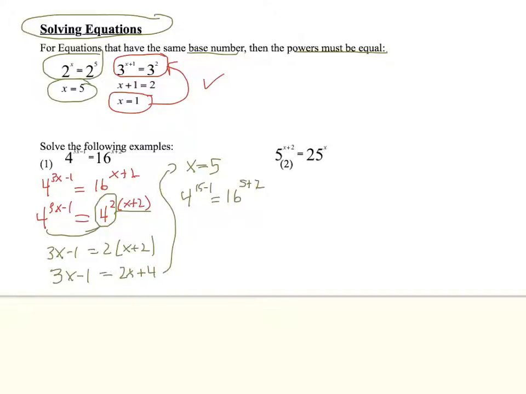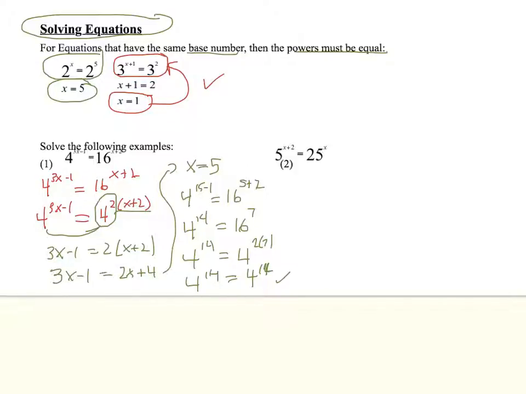So this is 4 to the 14 is equal to 16 to the 7th. 4 to the 14th is equal to 4 squared raised to the 7th, and so that's 4 to the 14th is equal to 4 to the 14th, and that checks out.